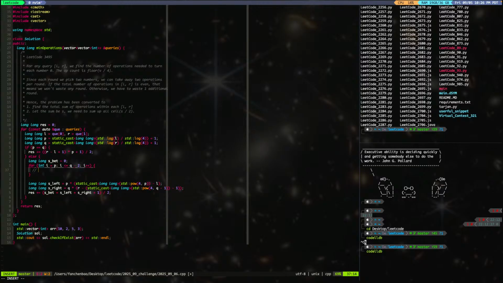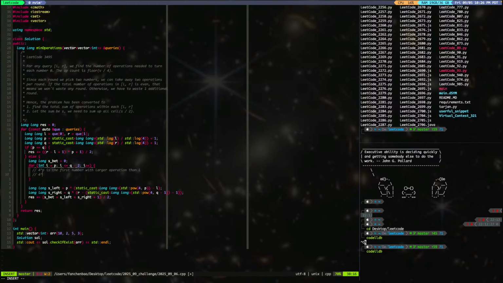So 4 to the p is the first number with larger operation than L. 4 to the q minus 2 is the first number with smaller operation than q. Right, so q is the operation.